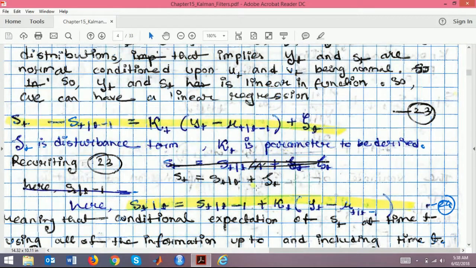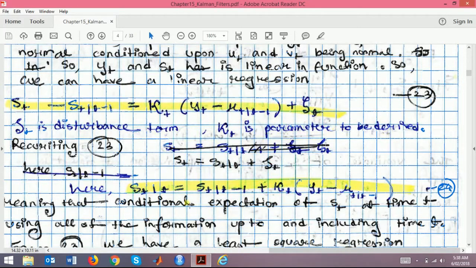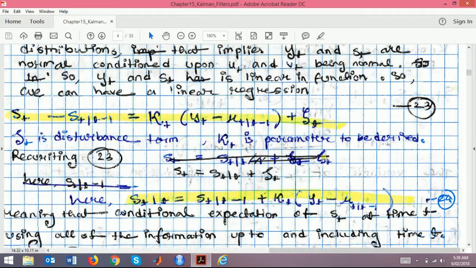So we can rewrite this: St equals S(t|t) plus ζt, where S11 represents S10 plus κ times the one step ahead prediction error.